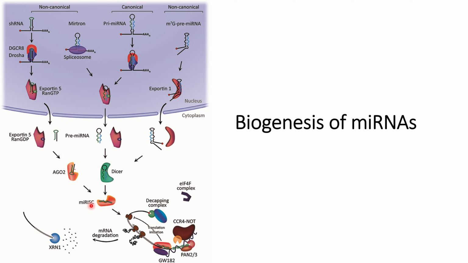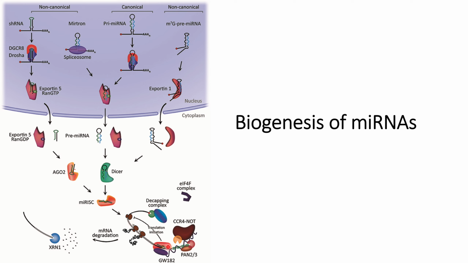That is, miRISC interacts with this complex to form a decapping complex, and that will destabilize the mRNA and lead to mRNA degradation, because such destabilization can occur by affecting the poly-A tails that are usually found at the end of the mRNAs, which help in stabilization. So by degrading that, it will help in the destabilization of the mRNA that will lead to mRNA degradation.